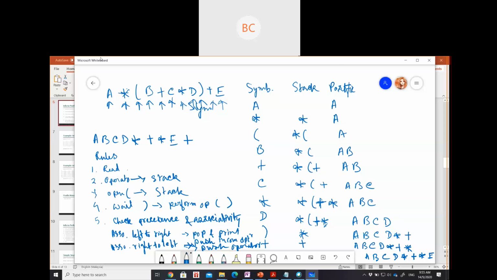You will move from left to right again. Once you pop out, it will push it in this manner. But in exponential, it was the opposite one.